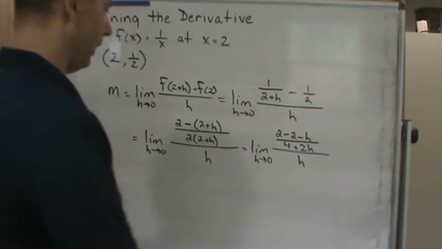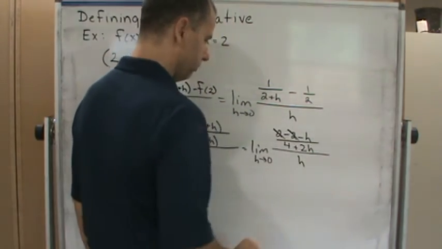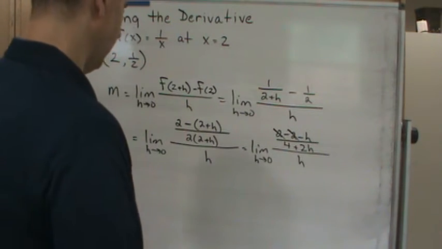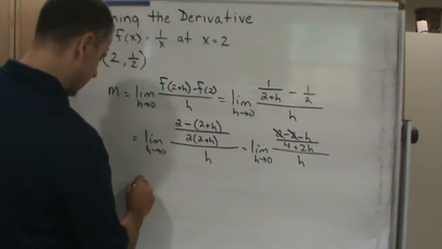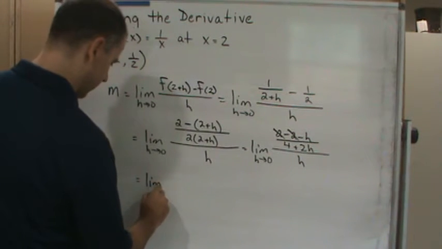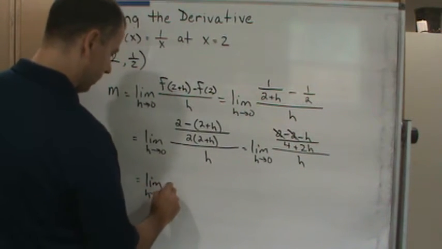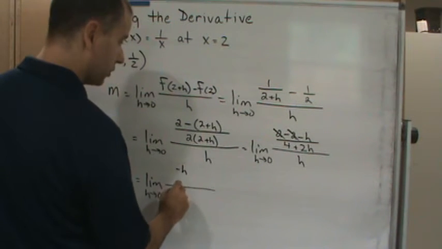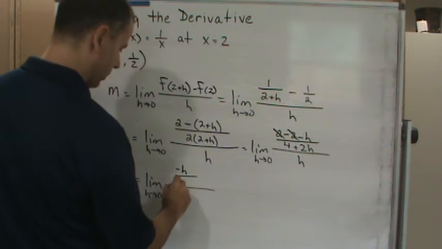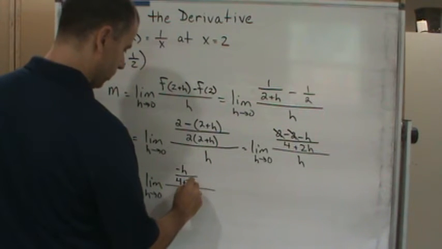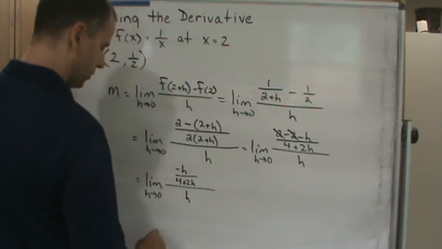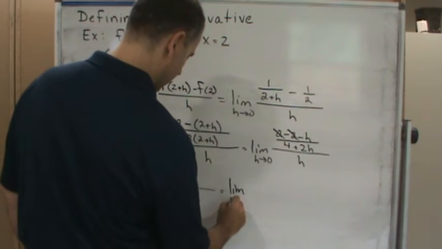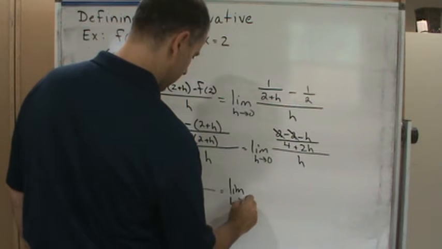Now look here, the 2's cancel, right? And now I get the limit as h approaches 0 of negative h over 4 plus 2h, over h.